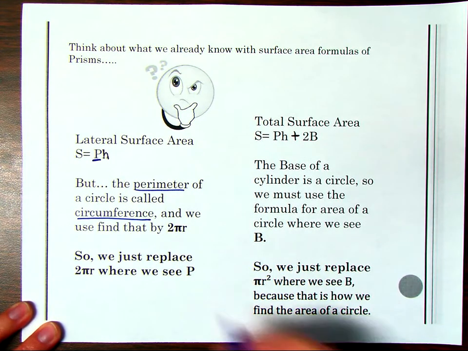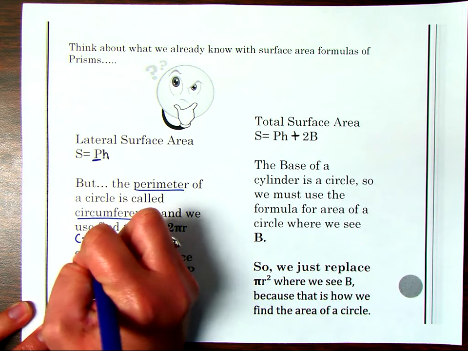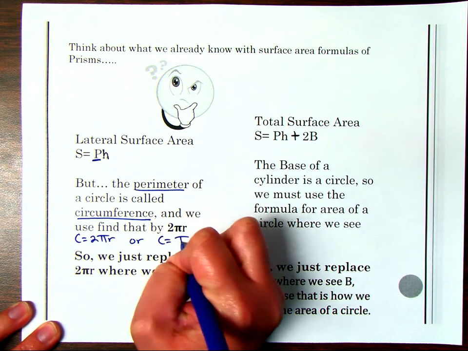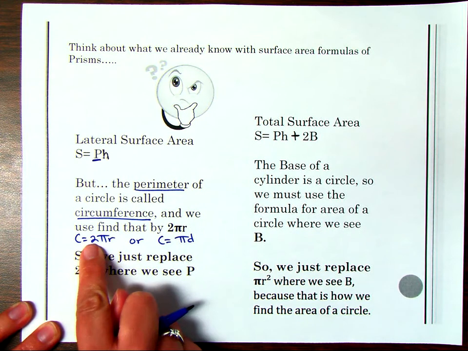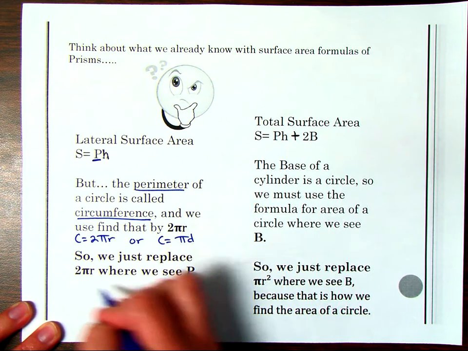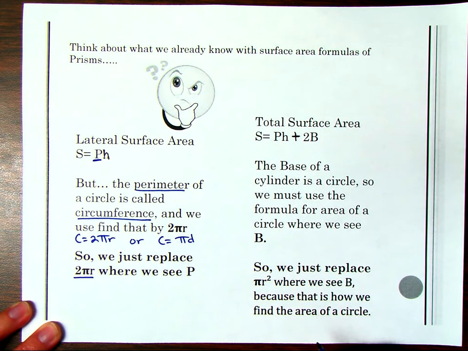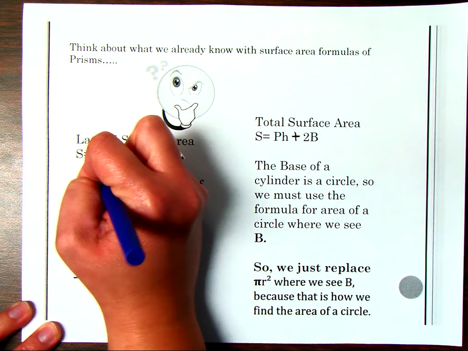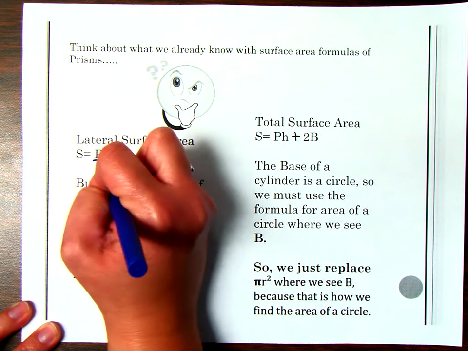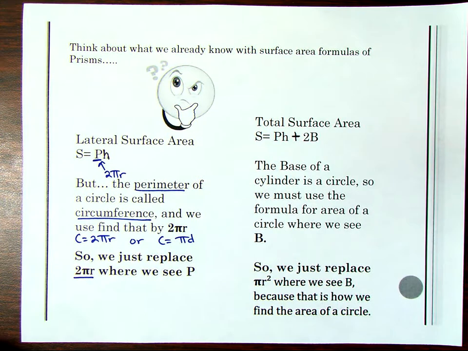When we look on our math chart, the circumference equals 2 times pi times radius, or pi times diameter, because 2 times your radius still gives you diameter. We are actually going to use the 2 pi r part. So the perimeter is the circumference of a circle, so we're going to say 2 times pi times radius.